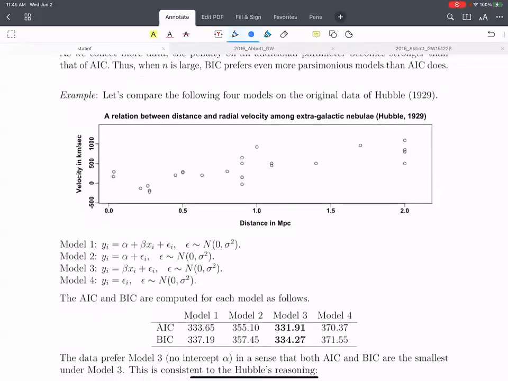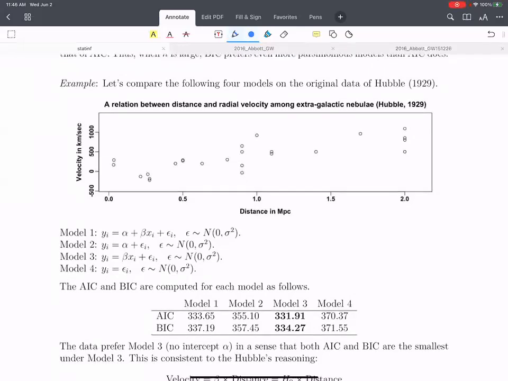So here is an example of Hubble constant estimation in the original paper of Hubble in 1929. I just displayed the data listed in the paper, and there are 4 possible models.